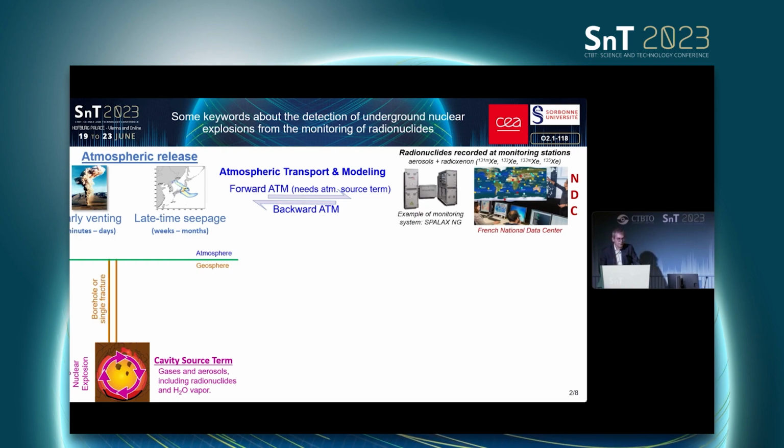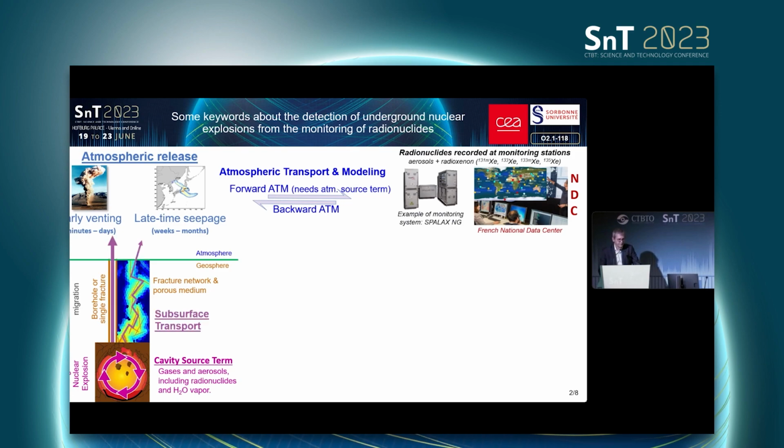Some radionuclides can reach the atmosphere thanks to a borehole or a single fracture or a fracture network. Then subsurface transport is also a complex physical process that will control the migration of the radionuclides.